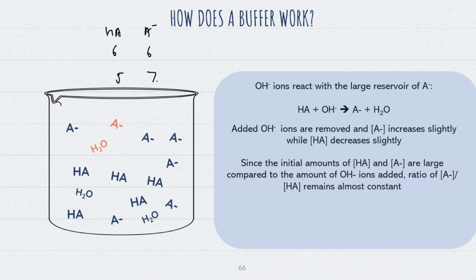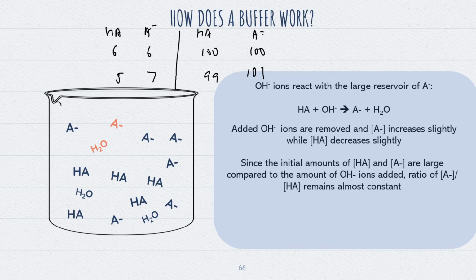But again, you can use the same logic. Again, if this is an oversimplified diagram, we can use the 100 to 100 initially to now become 99 to 101. Since the initial concentration of your weak acid and your conjugate base is so large compared to the amount of OH- added, the change will be so insignificant.